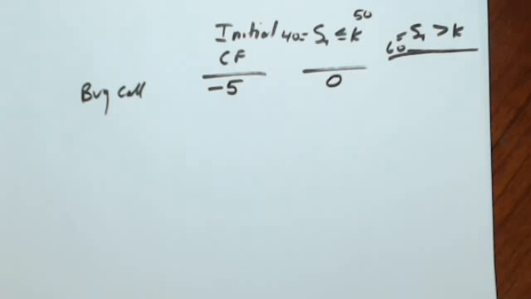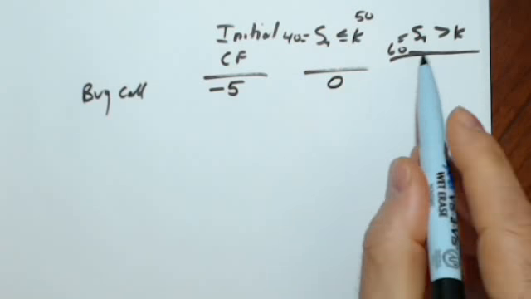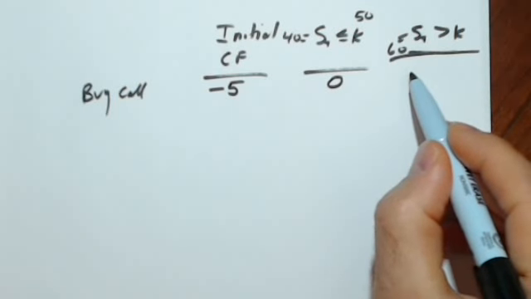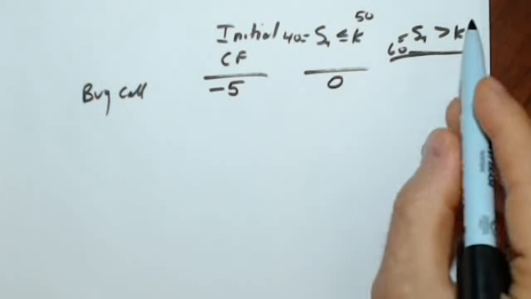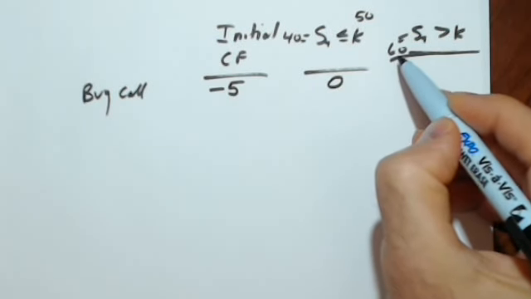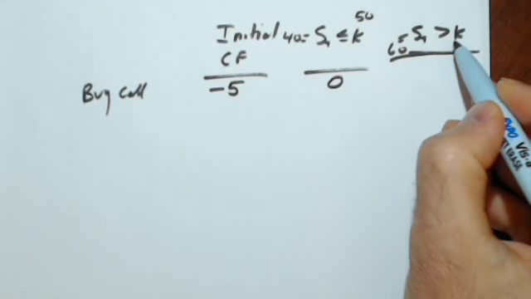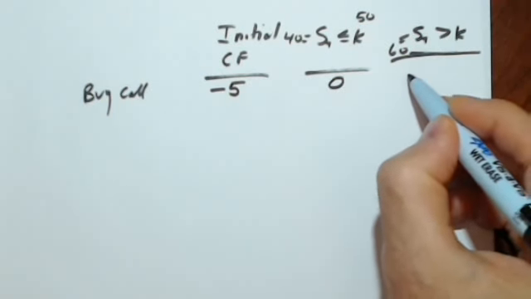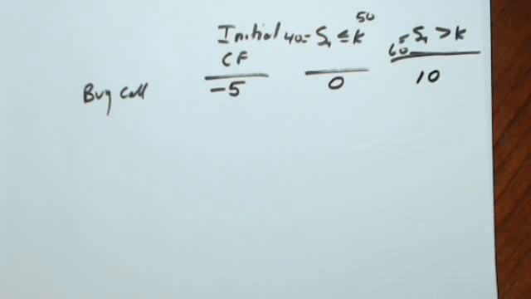When the stock is above the strike, using 60 as an example, 60 minus the 50 K is a $10 payoff for the option. So far so good.